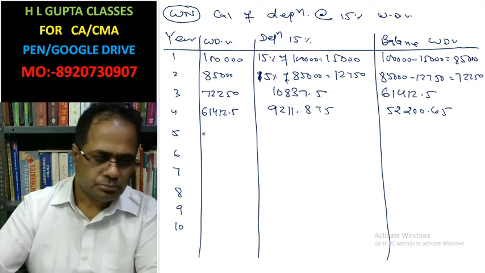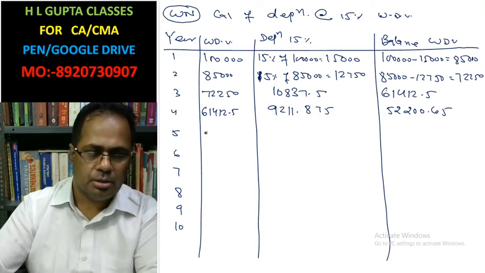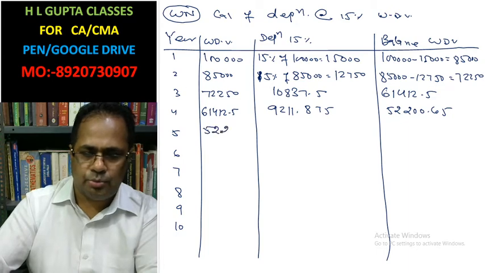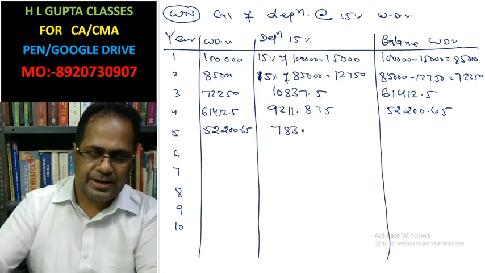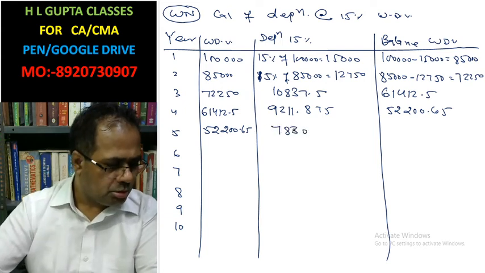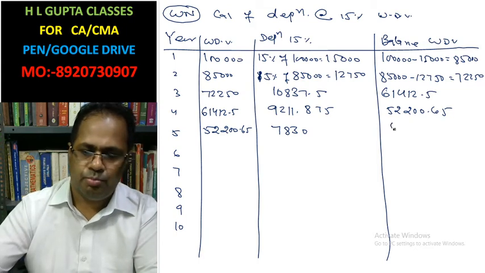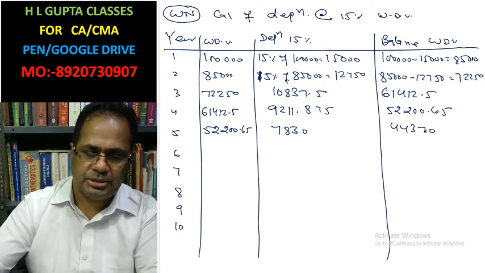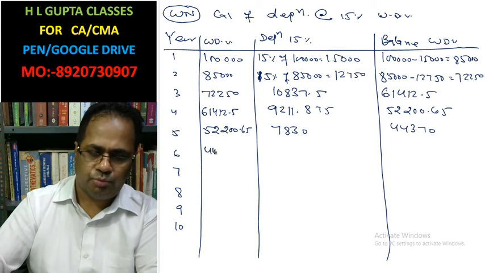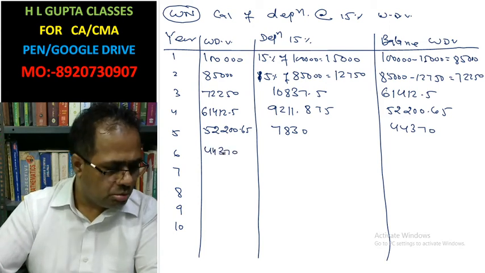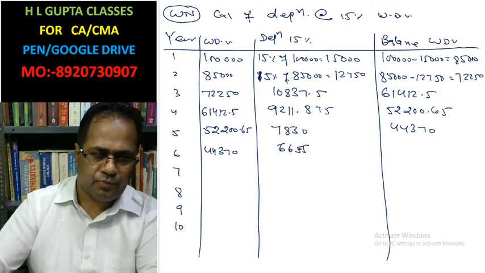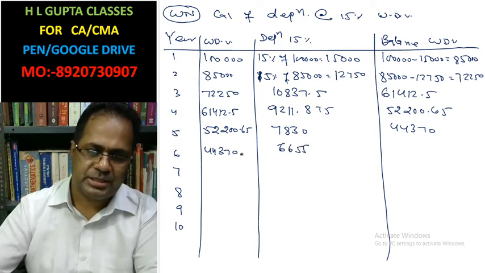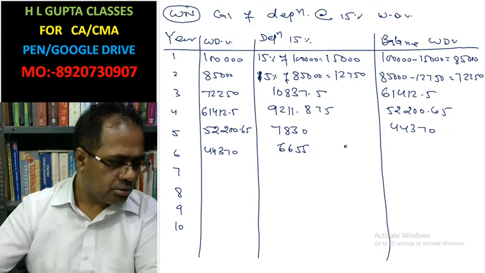Again this in fifth year, 52200.65, depreciation 7830. This is 44370. 15% of 44370 is 6655.